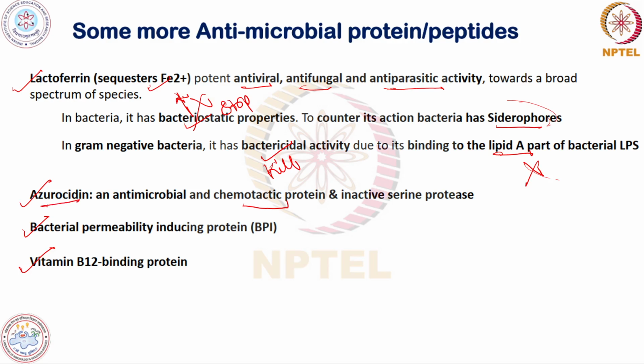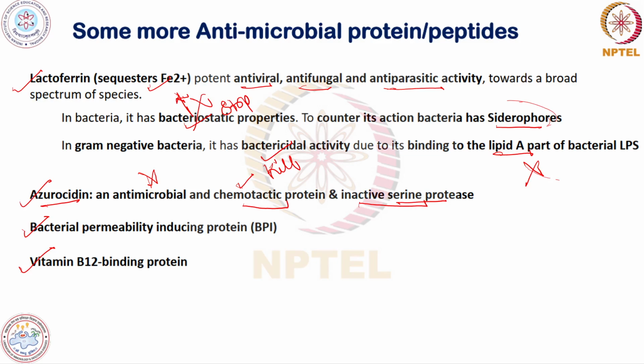It has the antimicrobial property, so it will kill the pathogen, and it also acts as a chemotactic protein, so it attracts the immune cells to the site of infection. It originally evolved from the serine protease, but now these are inactive enzymes for the immunity, the serine proteases.